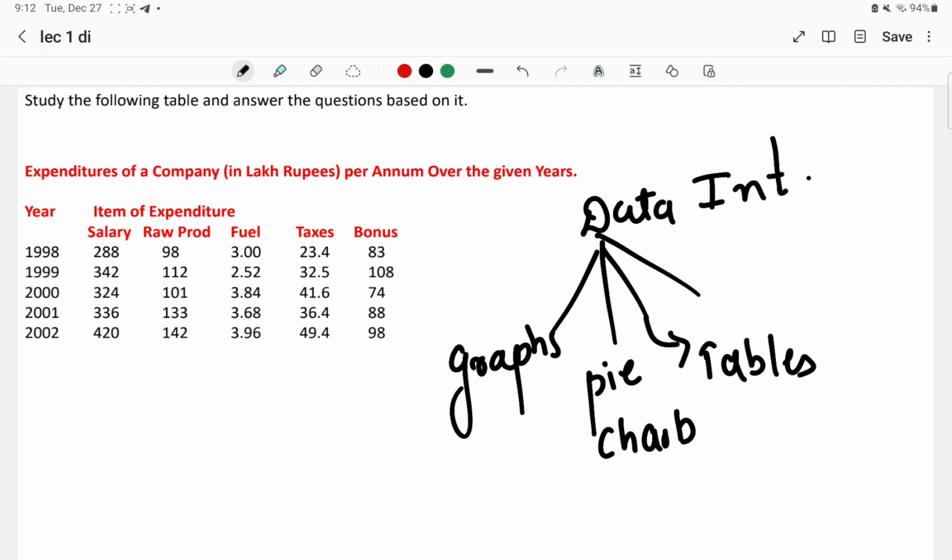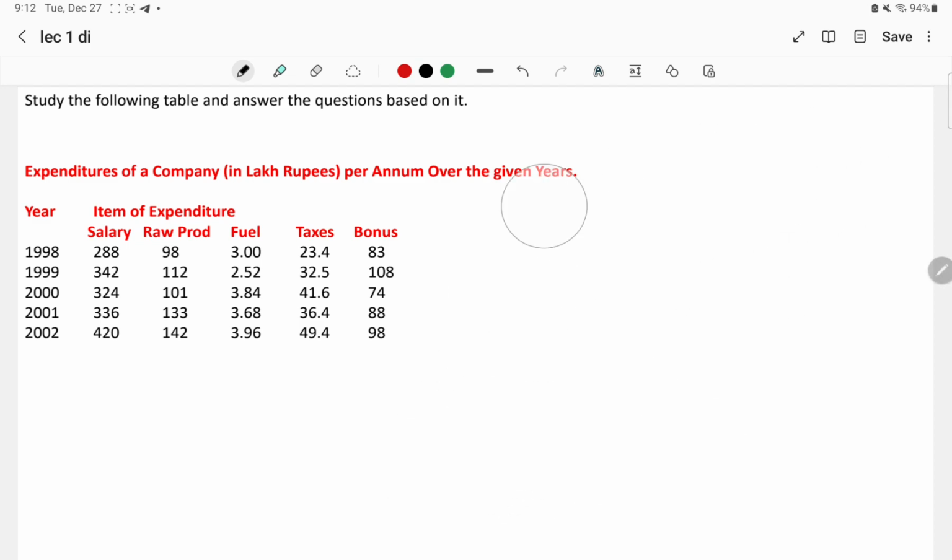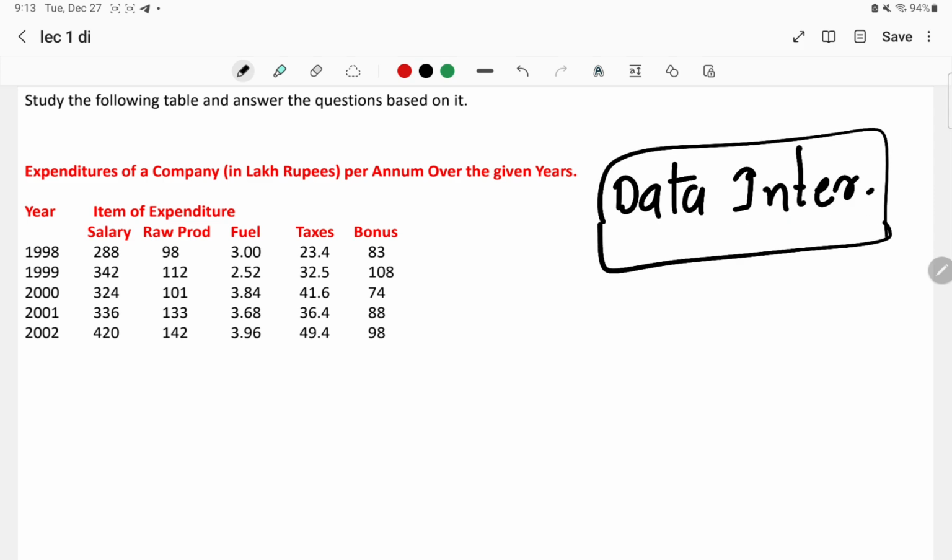Also, the base of DI, to study data interpretation, all these figures, charts, graphs will be provided, bar graphs will be there, totally fine.